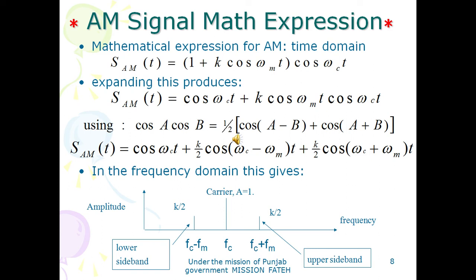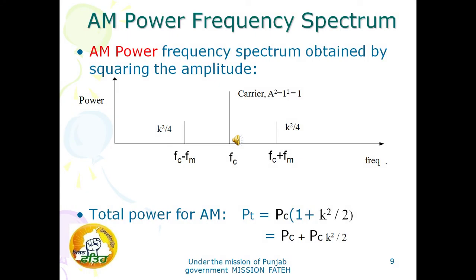Now we find the power relation in the AM wave. The carrier component in the amplitude modulated wave has the same amplitude as the unmodulated carrier.